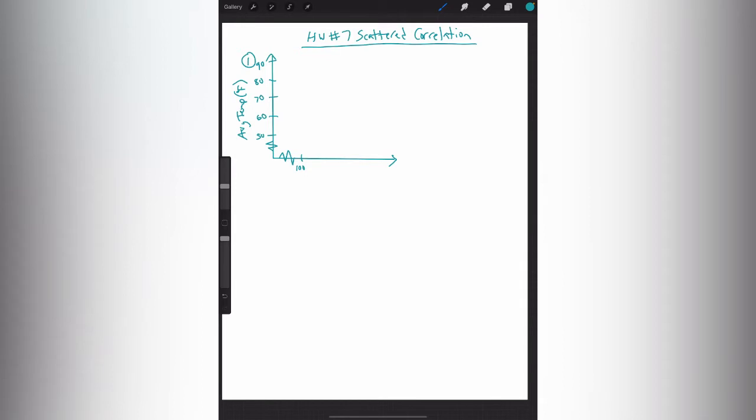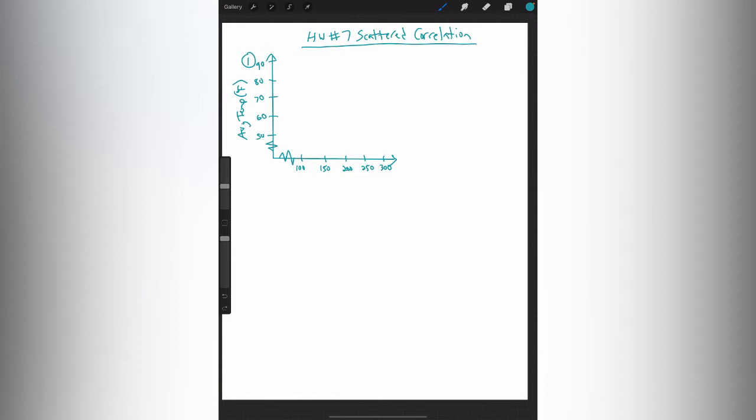Maybe I'll go up by 50s. Yeah, I'll do that. So I'll say this is 150, this is 200, this is 250, and this is 300. If we were to continue that way, I would have drawn a 50, and I skipped that 50 because there was nothing that low.